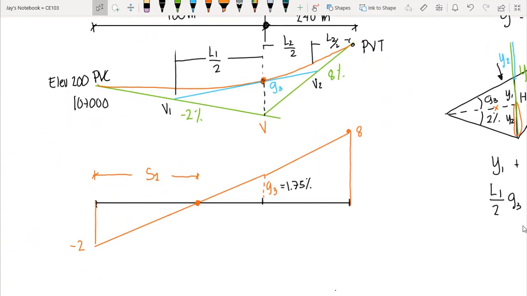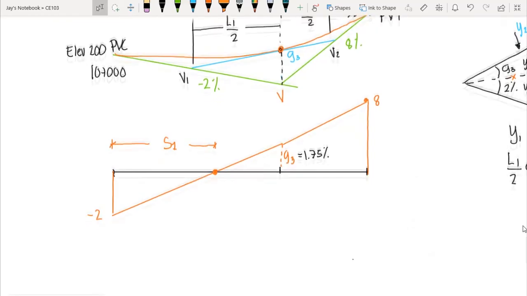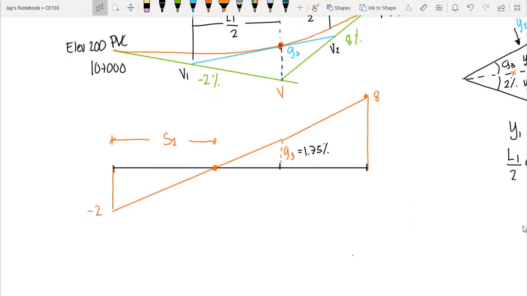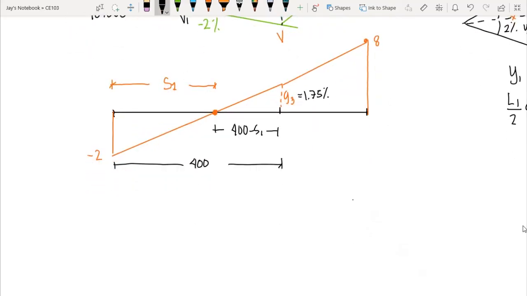Okay, so our G3 here is 1.75%. So we can now compute for S1 by just ratio and proportion, but take note, we have the length, which is 400 meters from PVC to V. So that means this length here is 400 minus S1. So by ratio and proportion, we have G3 over 400 minus S1, and this equals 2% over S1.